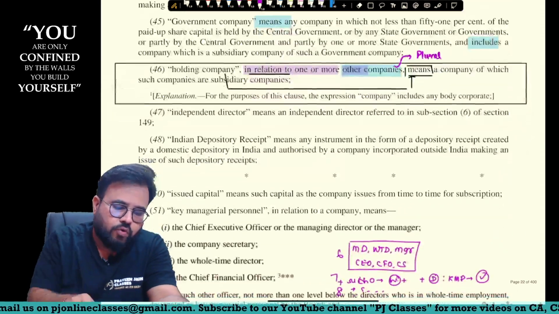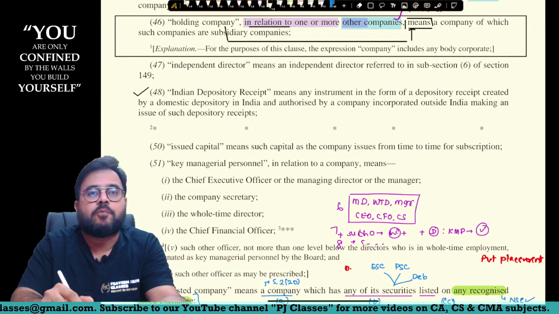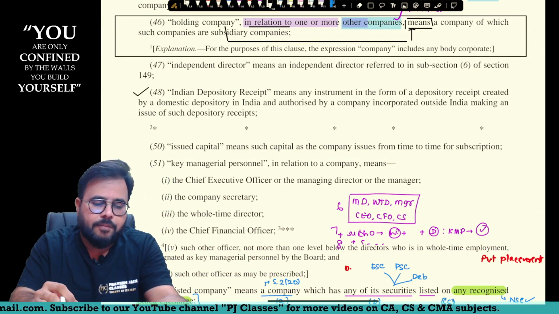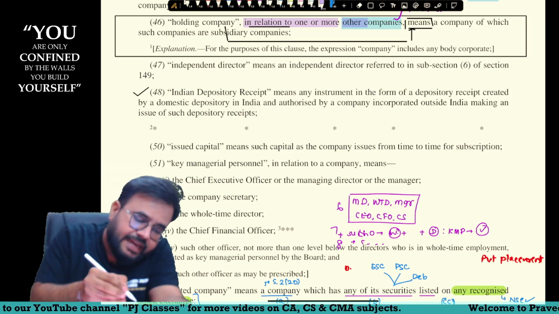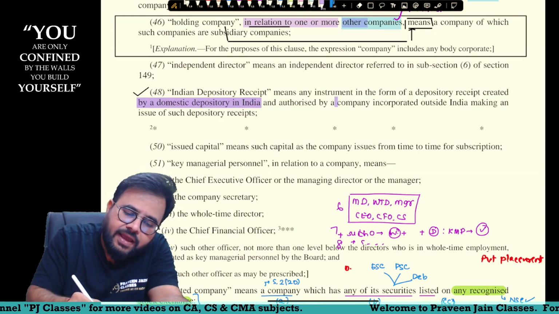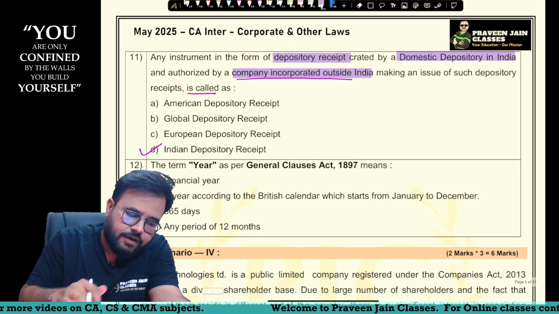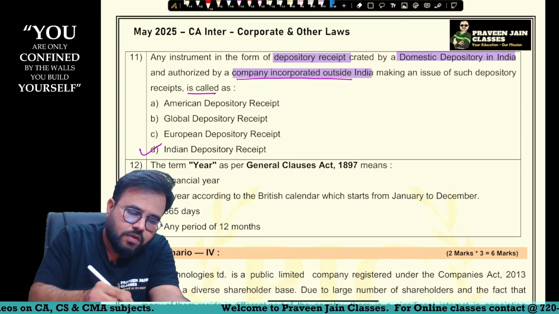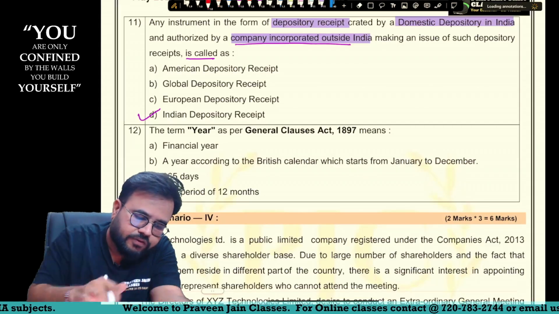Section 2 clause 48 defines what IDR, Indian Depository Receipts, is. IDR means any instrument in the form of depository receipt created by a domestic depository in India and authorized by a company outside India. So obviously the right answer is IDR. Here section 2 clause 48 is what we are referring to, sir.